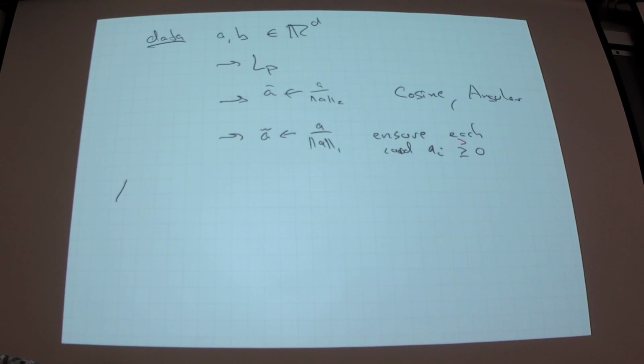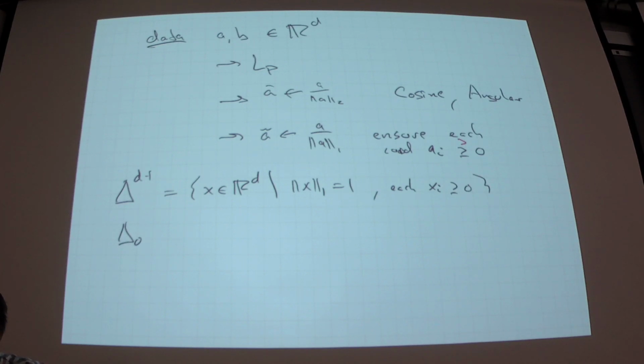So I'm going to define some space, like a triangle. This will include all vectors x in R^d such that the L1 norm of x is exactly 1, and each xi is greater or equal than 0.